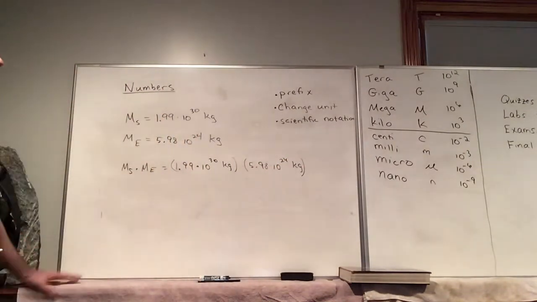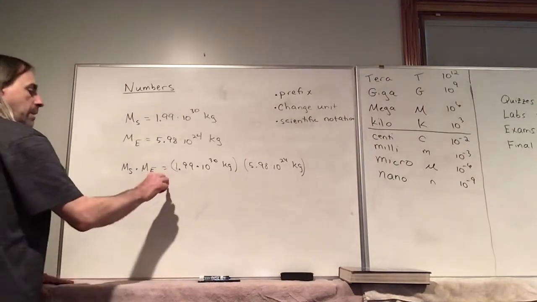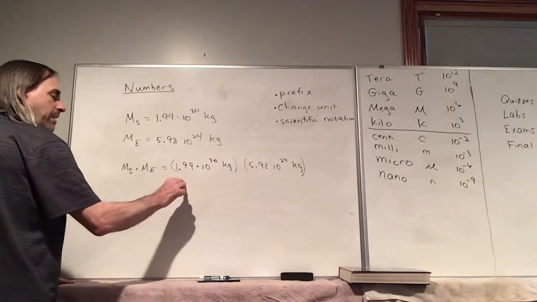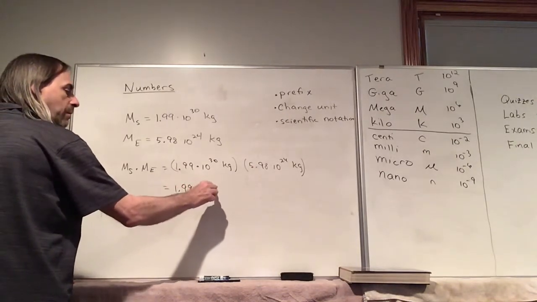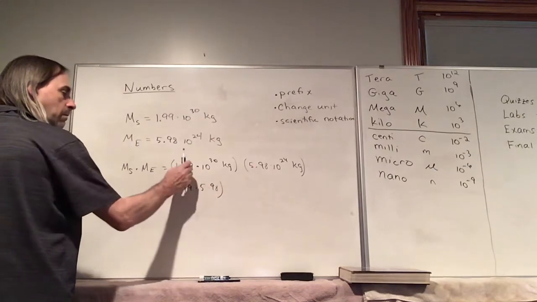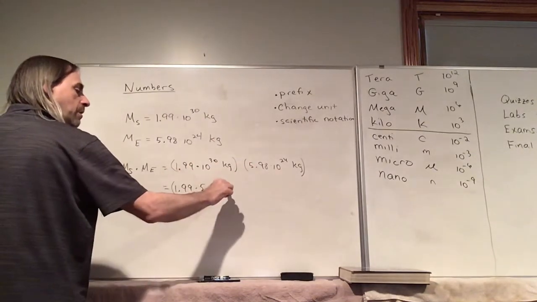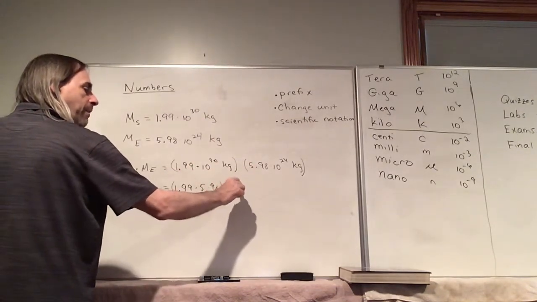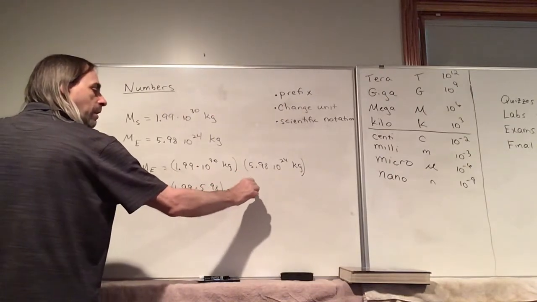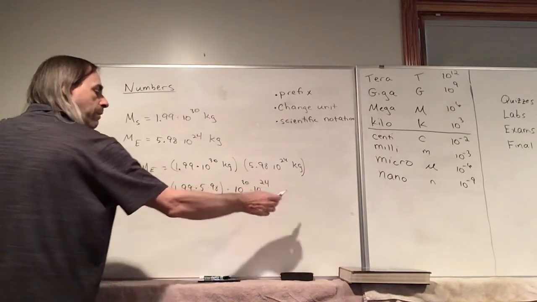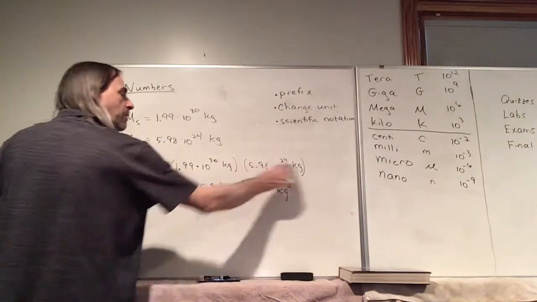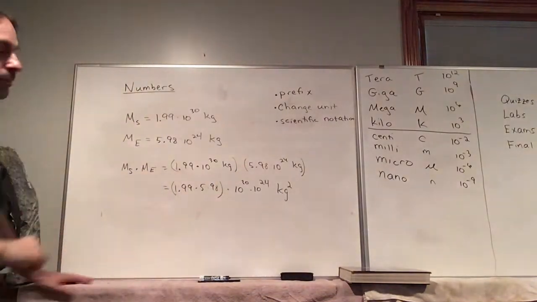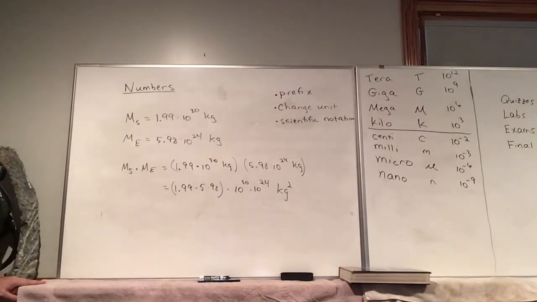Okay, so we can rearrange the order however we want. We can say 1.99 times 5.98, taking care of these two numbers. And then we have 10 to the 30th times 10 to the 24th. We also have a kilogram times a kilogram, so there's a kilogram squared.